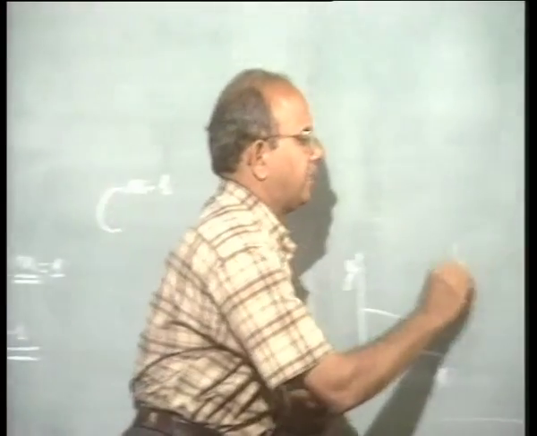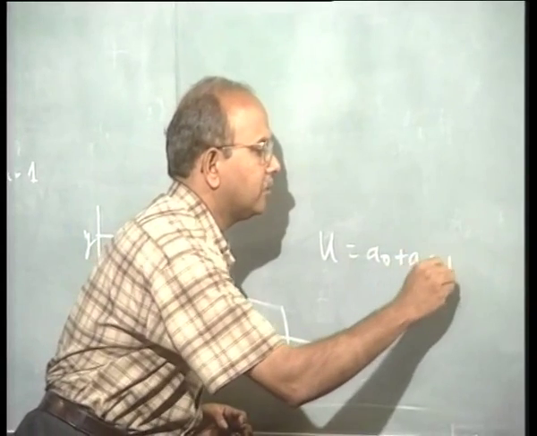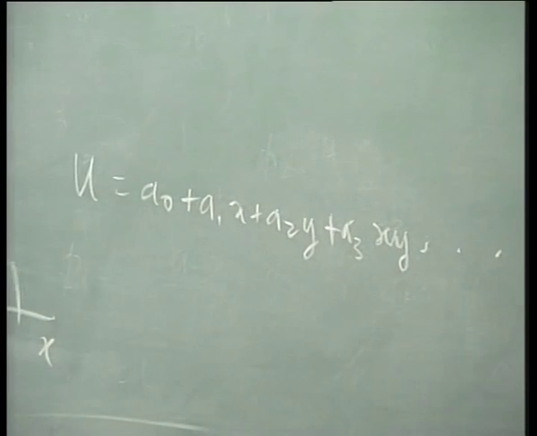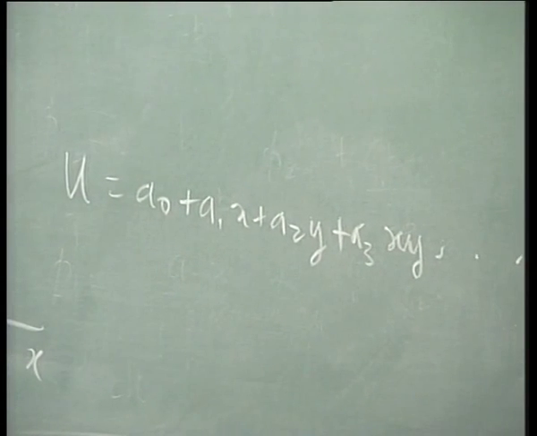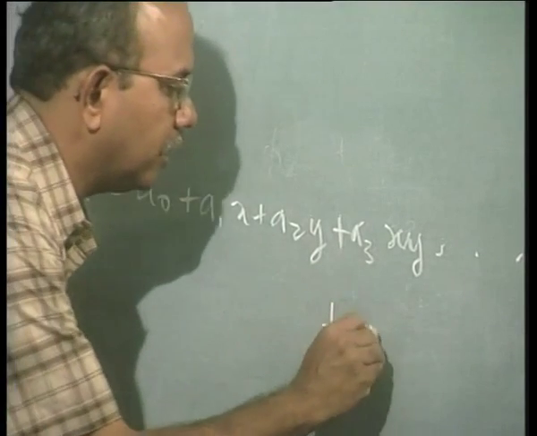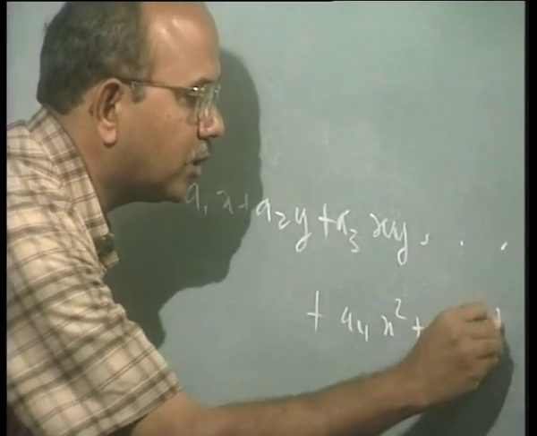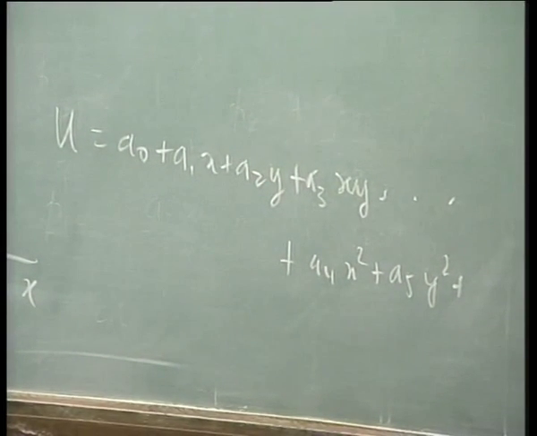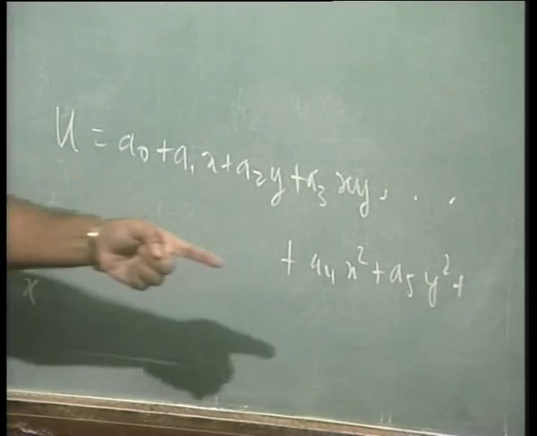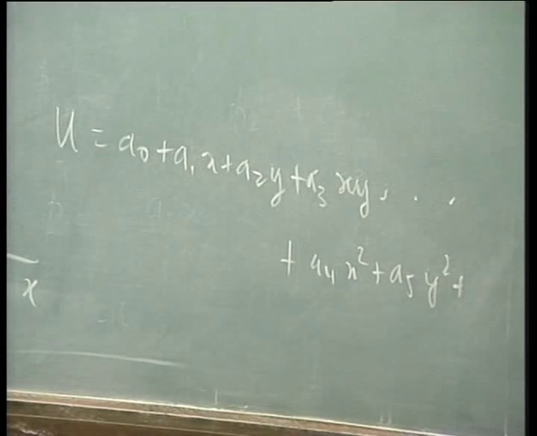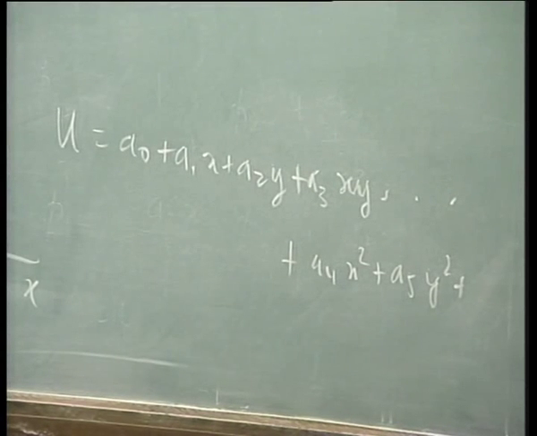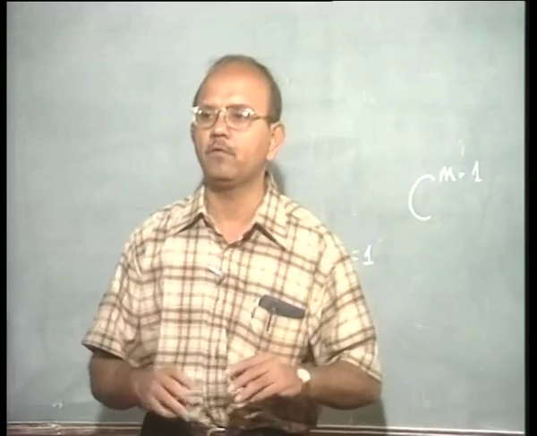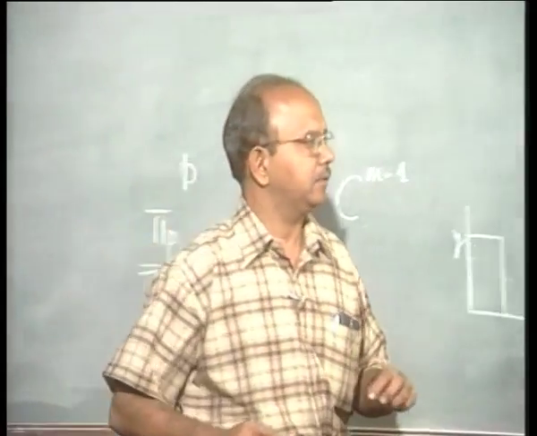So, in other words, suppose I say u is equal to a0 plus a1x plus a2y plus a3xy plus and so on, okay, then, or in fact I should go further than a4 say x squared plus a5 y squared plus and so on, then if I introduce x squared, I should introduce y squared. So it should be symmetrical about say a center, right. That is brought about by writing down these expansions by means of a term called Pascal's triangle.